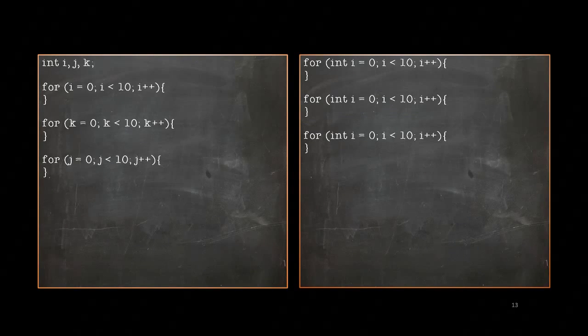What you should be doing now is declaring the variable at the last possible moment. So on the left-hand side, we have int i, j, k. And you have the i, the j, the k in the loops. However, on the right-hand side, you can see we can declare the integer inside the scope, and therefore use the same variable name each time.